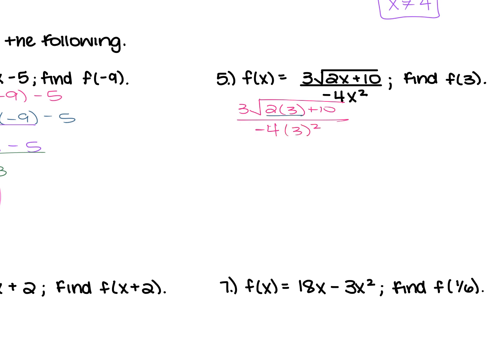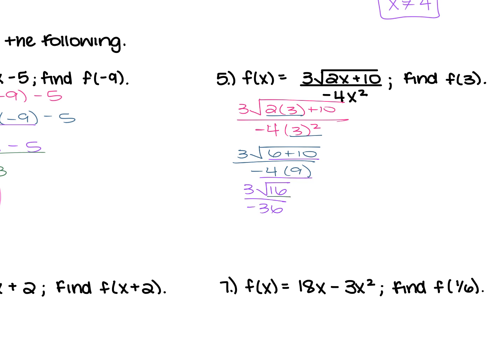I'm going to simplify the 2 times 3 underneath the radical as well as the 3 squared at the same time. So it's going to give us 3 times the square root of 6 plus 10 all over -4 times 9. The 6 plus 10 under the radical gives us the square root of 16. The -4 times 9 is -36.